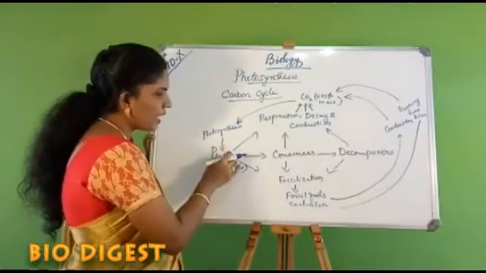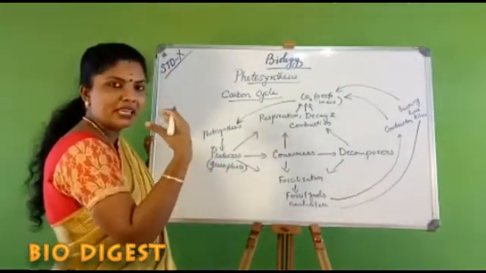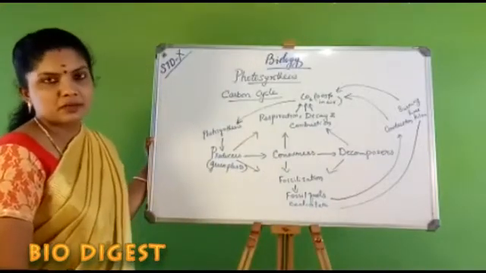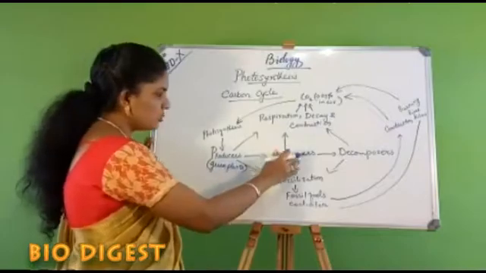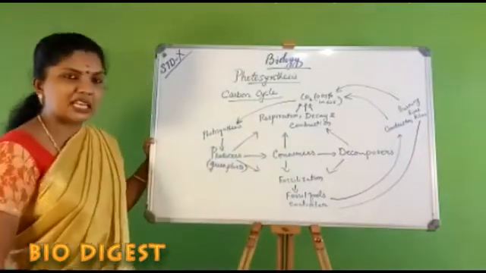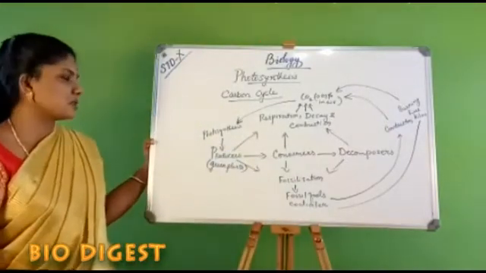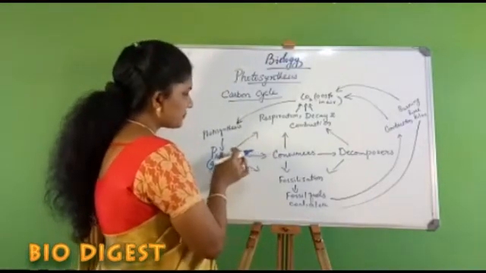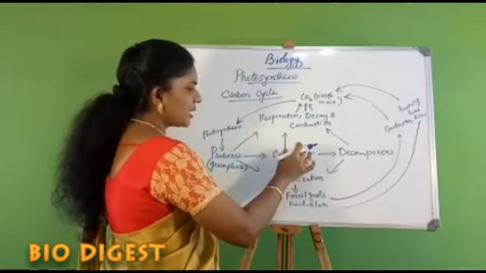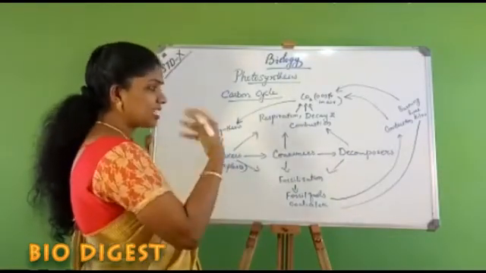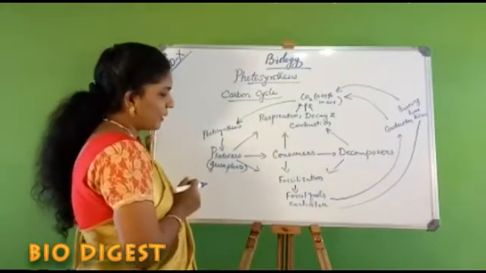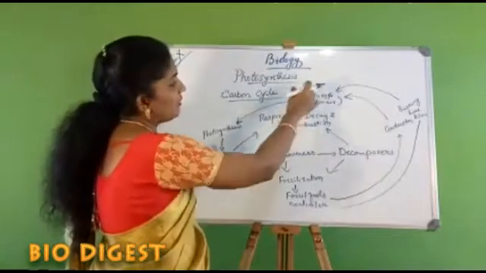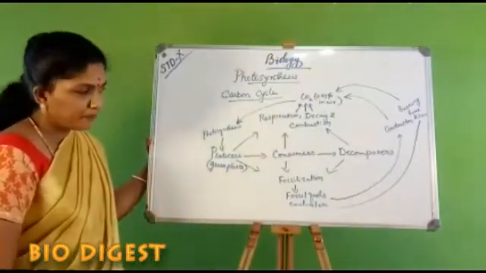So these green plants will usually be eaten by animals, herbivores. So consumers will be feeding on the green plants, which are the producers. When the producers and the consumers respire, both plants as well as animals give out carbon dioxide.